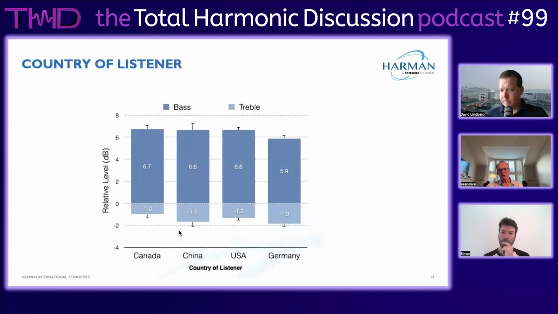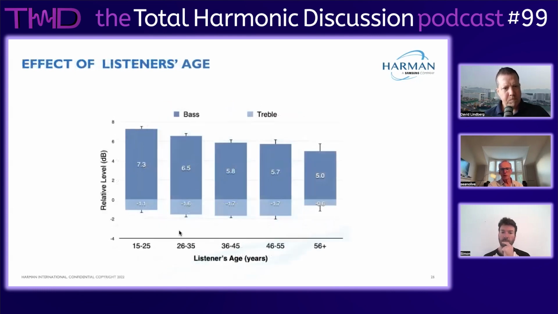Not much variance across different countries. And age, this was perhaps interesting. This gets back to the marketing question, whether younger listeners prefer more bass. And in general, that's what we found.